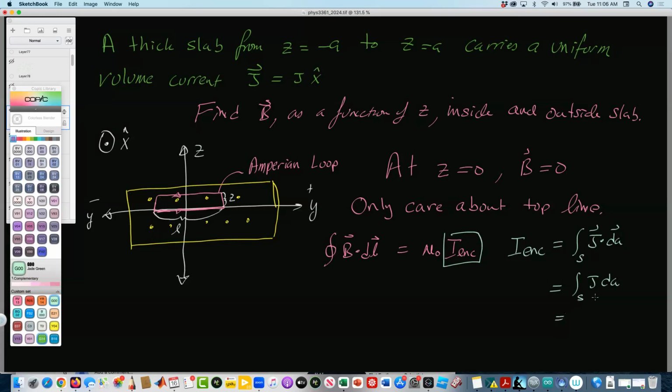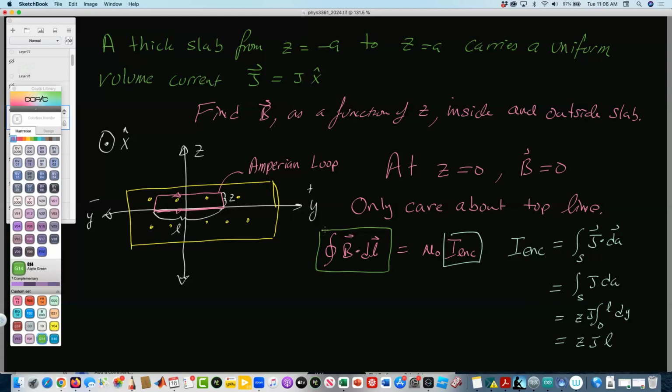And then this is just z times the integral from 0 to L of J, and J can come out too. So we just get z J L. Now we just have to do this part.